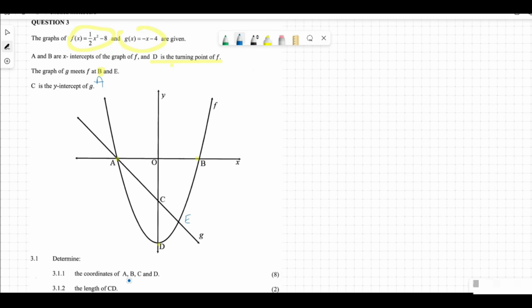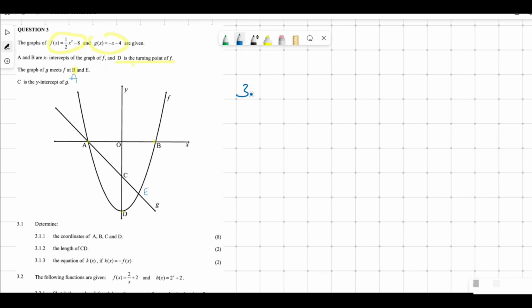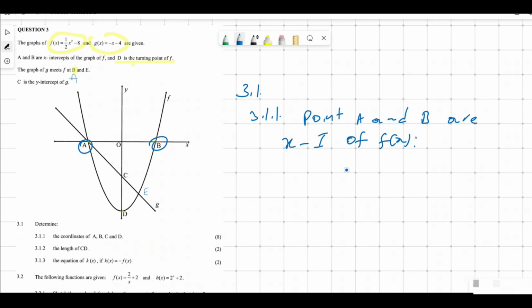They are asking us to determine the coordinates of A, B, C, and D. What we see here is that points A and B are the x-intercepts of f of x. Can we see that? Yes.